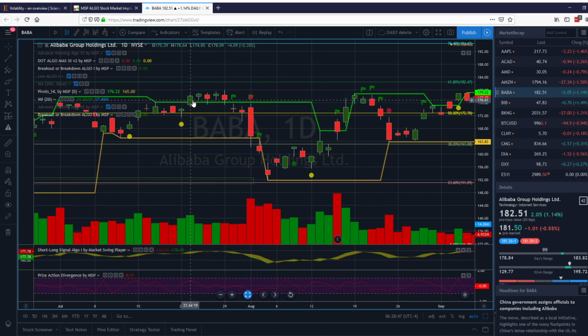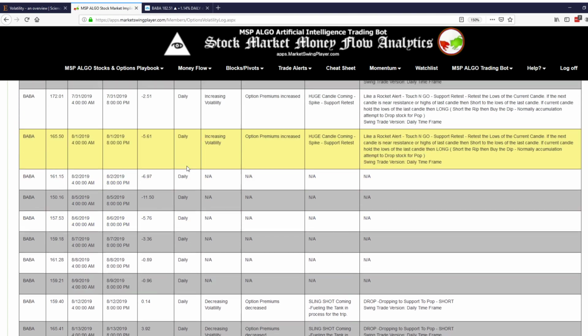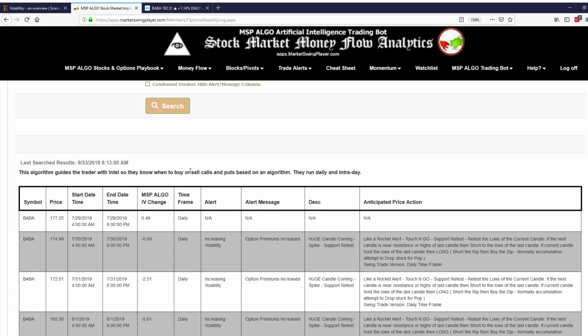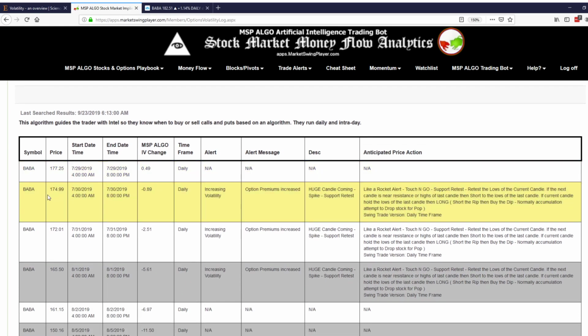Okay, all right, so let's look at an alert. So we know we have a symbol, the price at the time, what time the alert got triggered, 4 a.m. to 8 p.m. So we know this is a daily, whatever the algo says, the changes, which is just there for people that are analytical, because that is read for you.